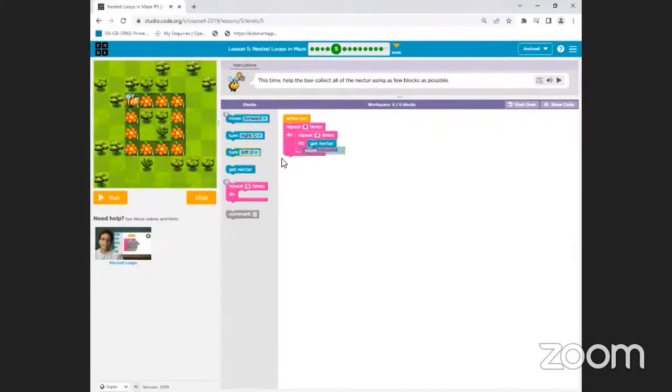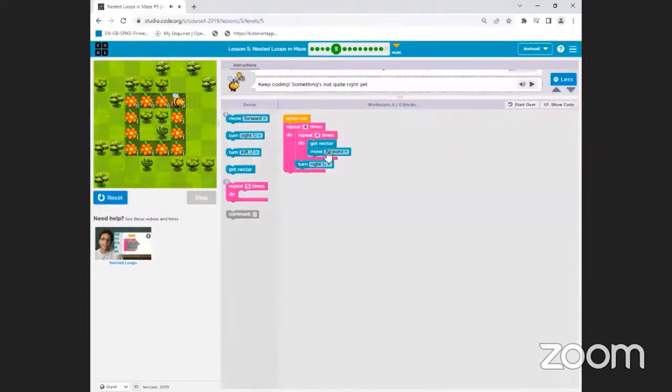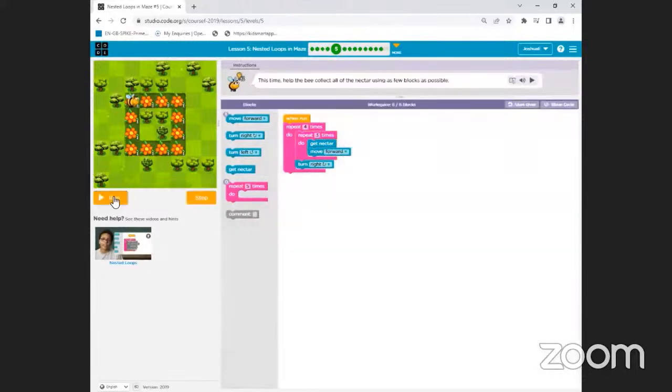Then once it's done that, it'll then turn right, since there's a flower beneath. I think I might need to change that to 3 times.